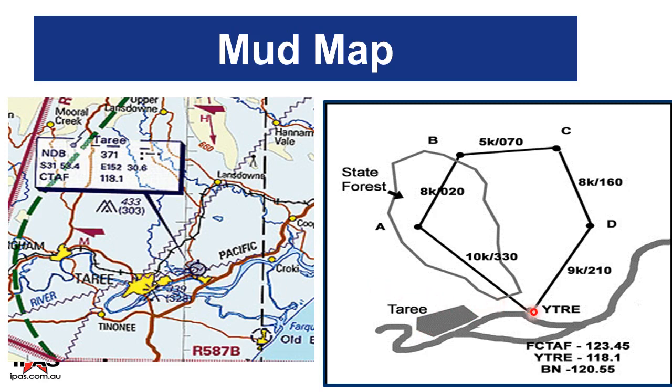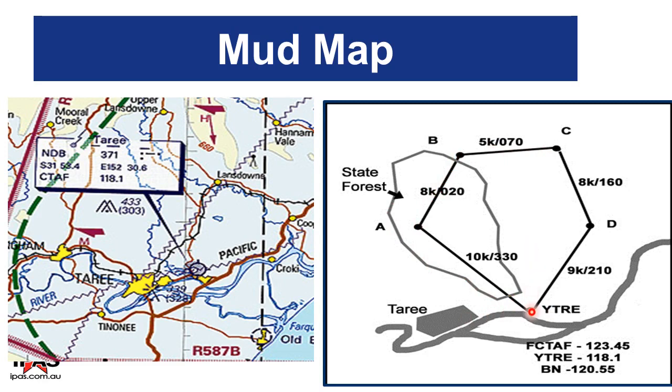Now in this case, what I want to do is track around this track here. So I've drawn it on my mud map, and I've drawn some large features as I showed you: the township, the river. I've also done the state forest, and I've done my tracks with distances and headings. And in this case, I've decided to use kilometers rather than nautical miles.